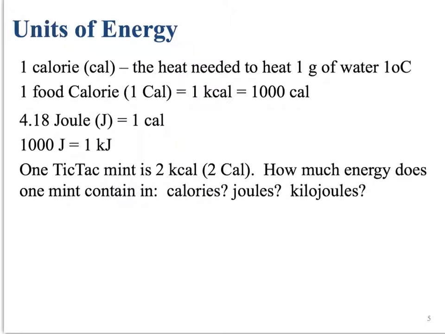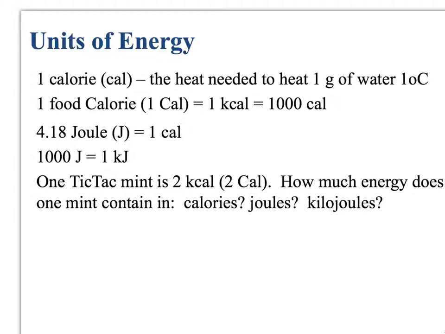As we mentioned in chapter 1, we have different units, and in energy we have different units too. One of those is the calorie, which is the heat needed to heat 1 gram of water by 1 degree Celsius.